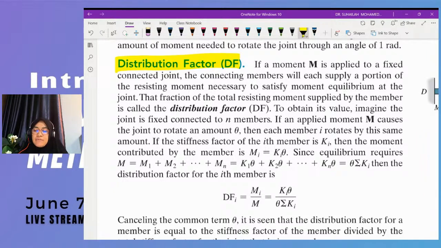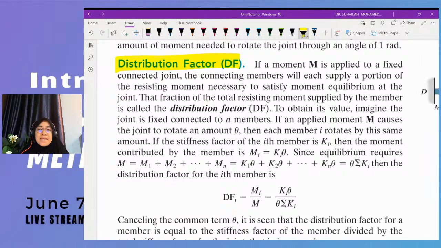That fraction of the total resisting moment supplied by the member is called the distribution factor. We use distribution factor whenever we distribute joint moment.